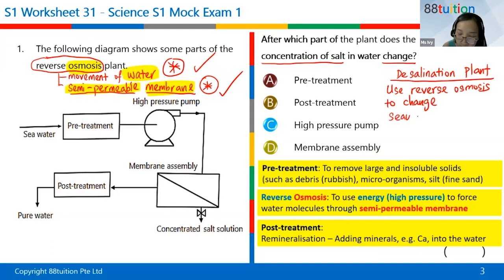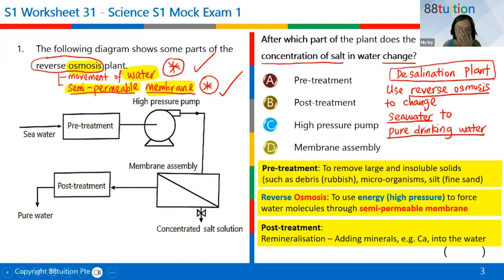We can't drink seawater, we'll die. We are changing seawater to pure drinking water using reverse osmosis technology. So that is the meaning of desalination plant.